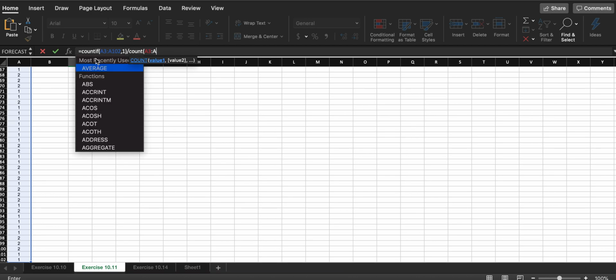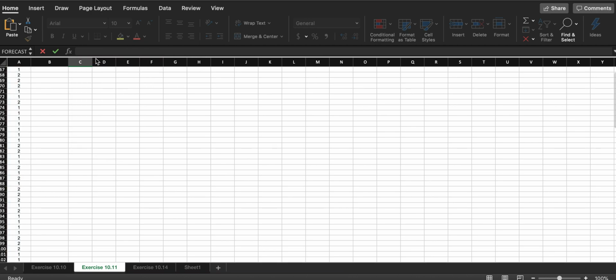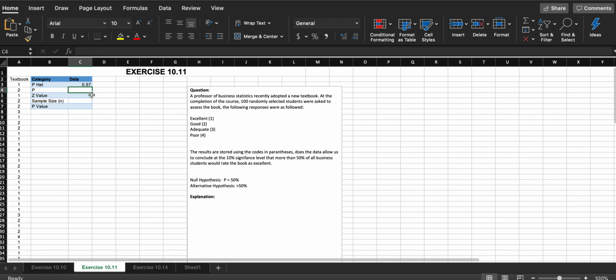You're going to hit enter, and you're going to get 0.57. So this is your sample proportion. So out of all of these students, 57% think that this textbook is excellent, or they rate it as excellent. Our P in this case is given to us by our question. So it's 0.5.